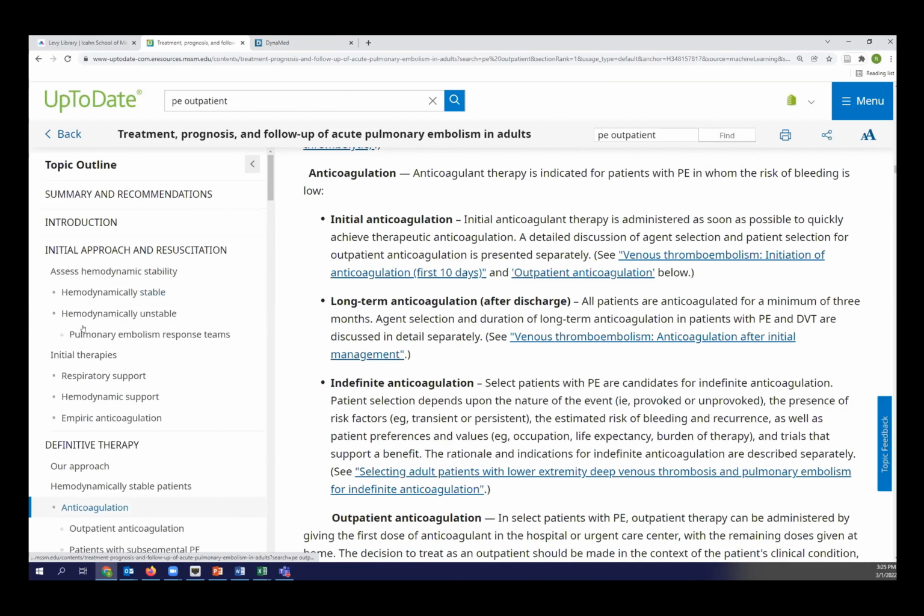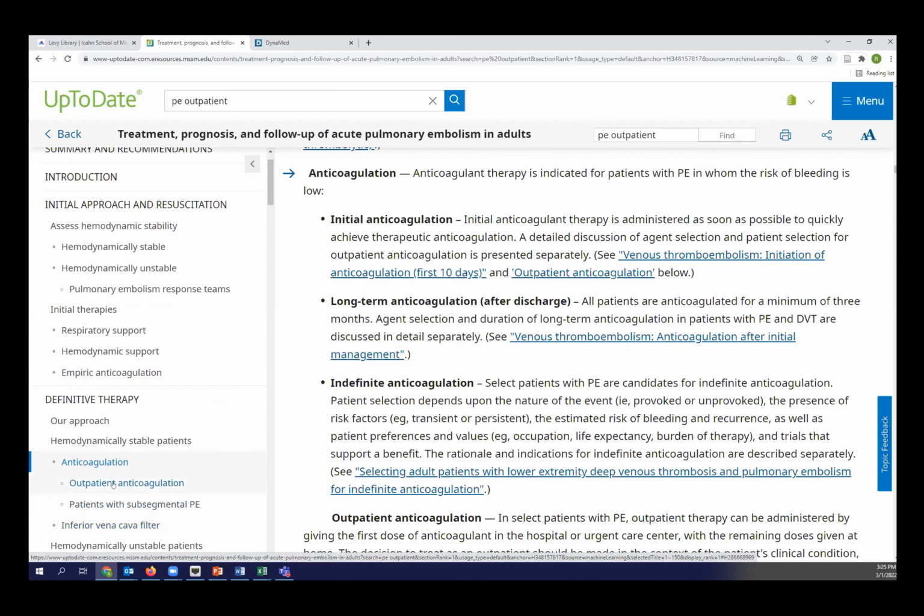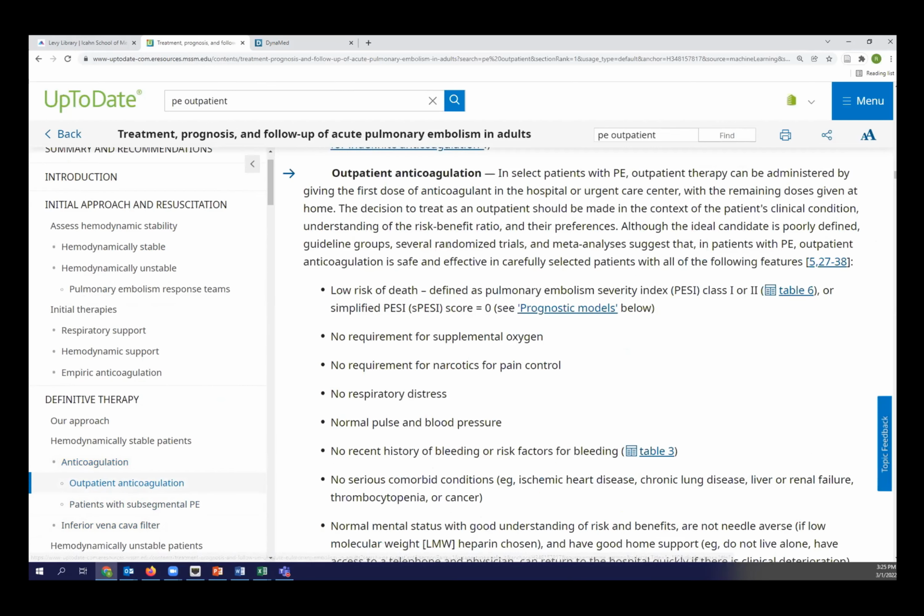And even though the name of the section they're linking me to doesn't seem terribly relevant, once I get there, I can see that there's a subsection. Maybe they just don't link in the results to the subsections, but there is a subsection on oral anticoagulation. And you can see immediately that the way the information is being presented to me in UpToDate is pretty different.